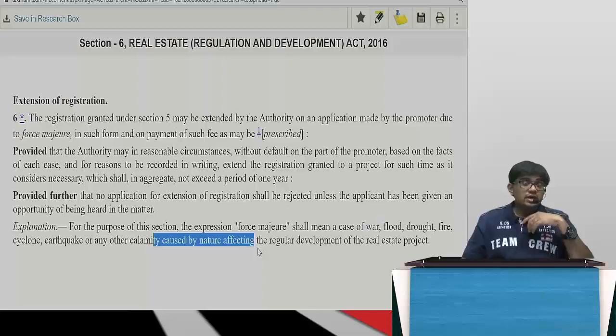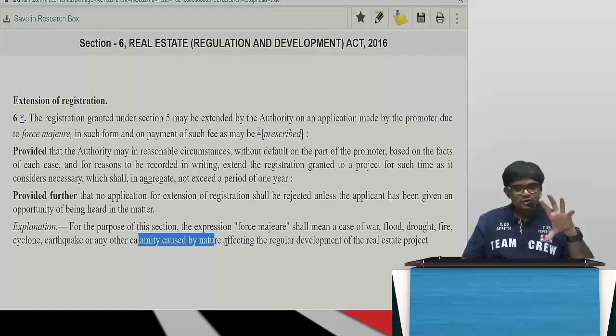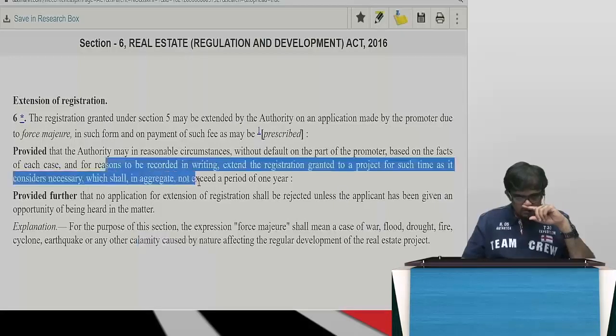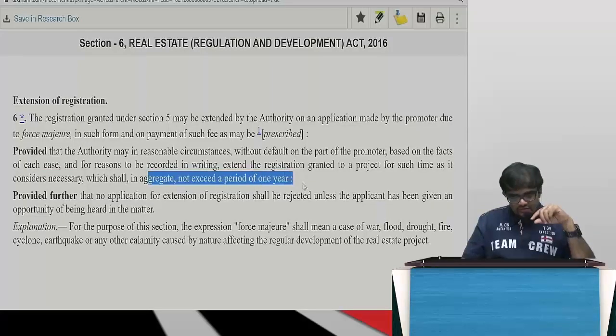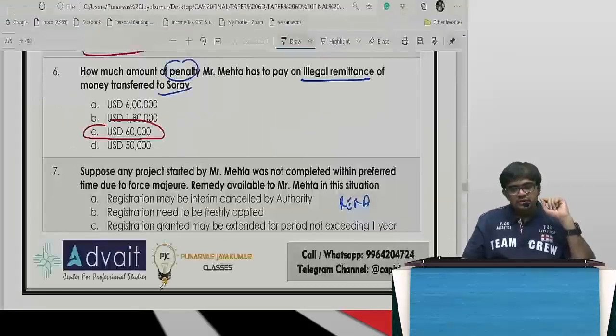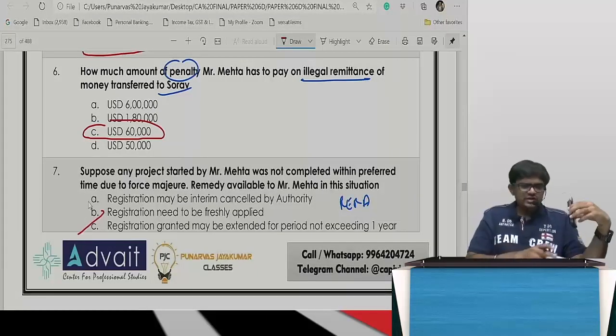Coronavirus, in some court cases, they have held it to be force majeure. But overall, the explanation says calamity caused by nature. Calamity caused by Chinese and all is not there. So war, flood, drought, fire, cyclone, these kinds of things are what they have to see. Which shall not exceed how much? Exceeding 1 year. Yes. So the time limit here is registration granted may be extended for a period not exceeding 1 year. Direct questions. Very, very simple.